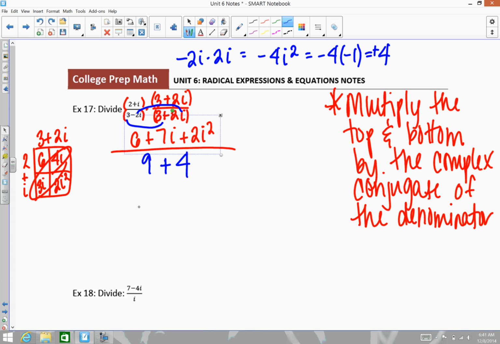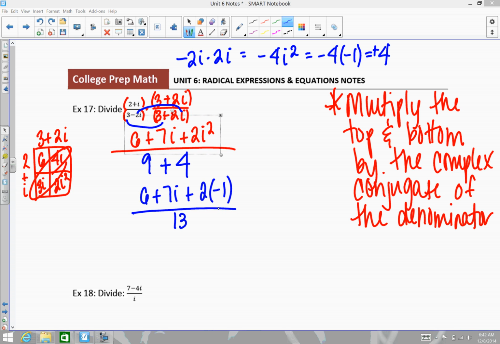So that's the shortcut, but you could do the box and you'll see that the middle terms cancel if you don't recognize it. If you're afraid that you might mess up the shortcut, then just use the box or FOIL to multiply these out. So now I just have to simplify. So up top I'm going to have 7i plus 2 times negative 1. So this is going to be all over 13.